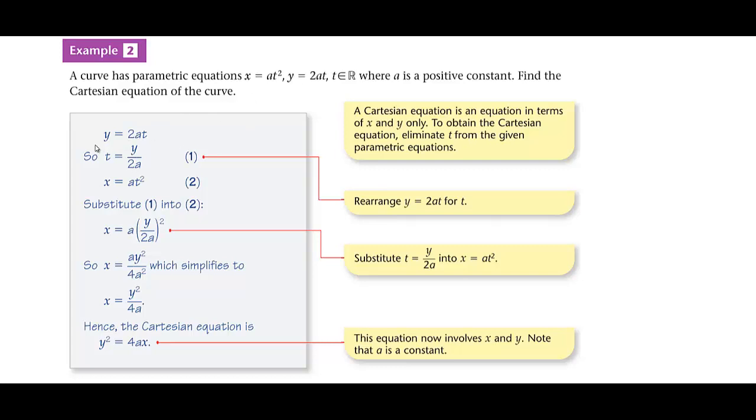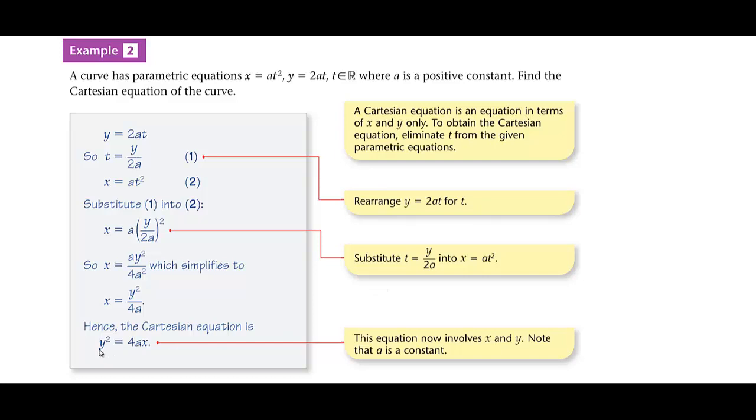From this equation, y is equal to 2at, we make t the subject. Now just plug this t into the second equation, which is x is equal to at square, and after simplification we get the equation y square is equal to 4ax.